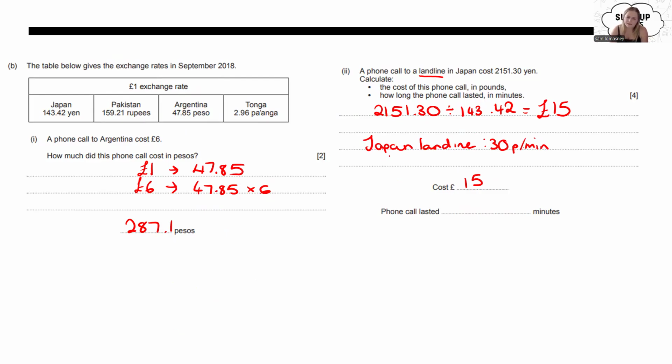Well, let's get this into pence then. So 1500 divided by 30. Ooh, how much do you reckon? I don't think I need to do this on my calculator. Done. That is the first 2 questions all finished.